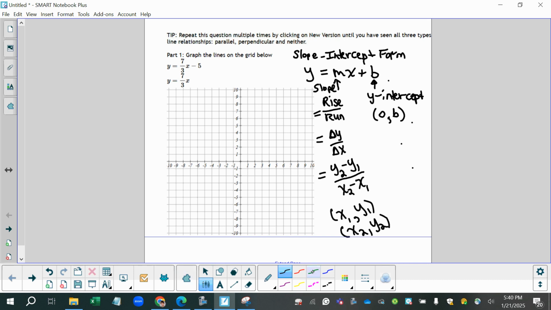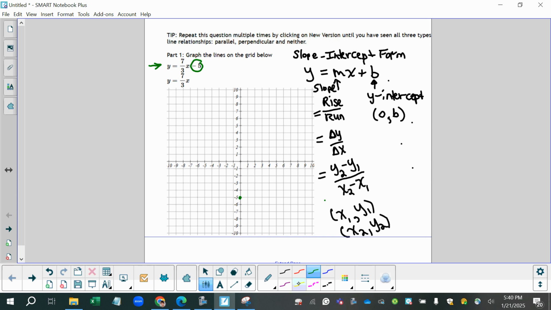So we're going to start with this first line. We're going to use green for this one. Since -5 is a constant all by itself with no variable, that would be our y-intercept. So we're going to put a point right there on the y-axis at -5. Next, we are going to use the rise of 7 and the run of 3 to get to a second point.